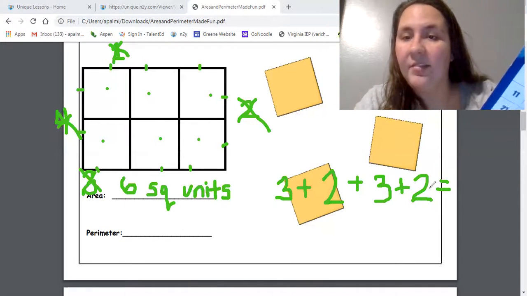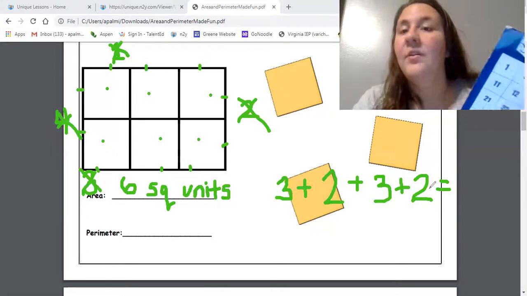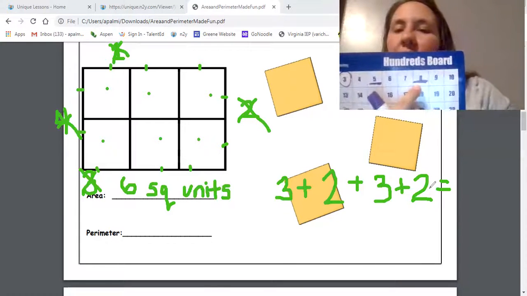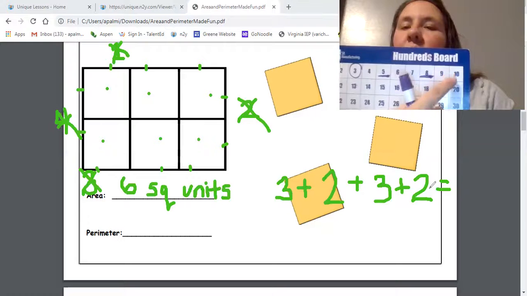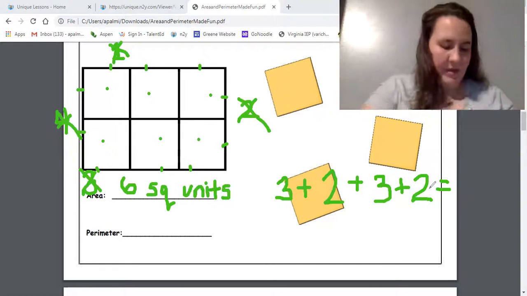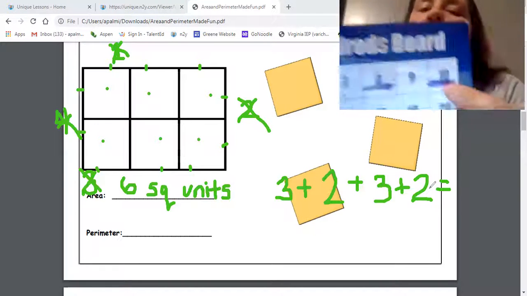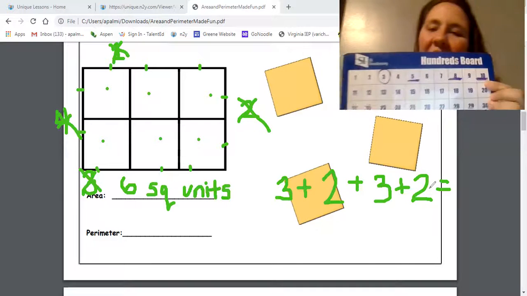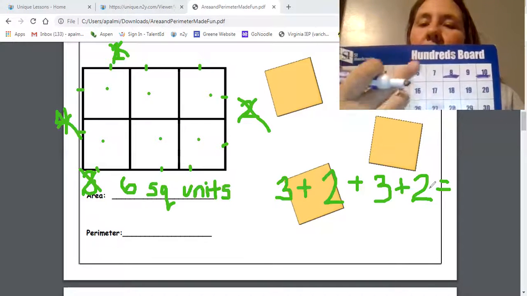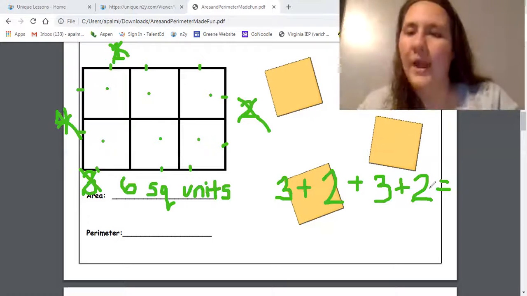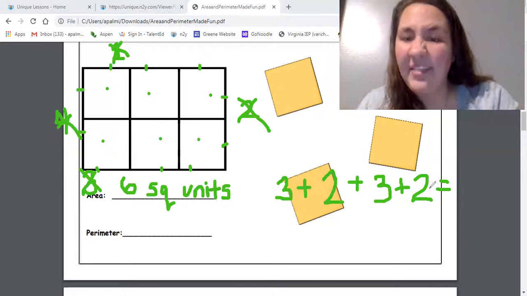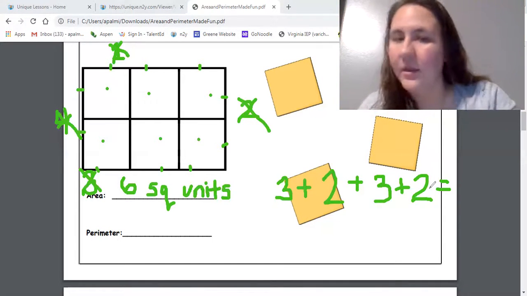So what number is last in our math sentence? Very good, a 2. So I'm going to start where I left off and I'm going to add 2. 1, 2. What did I land on? What number? Yeah, 10. Good job. I now have 4 places on my hundreds chart, so I know I got all 4 sides. And I got the number 10, okay? 10 units.